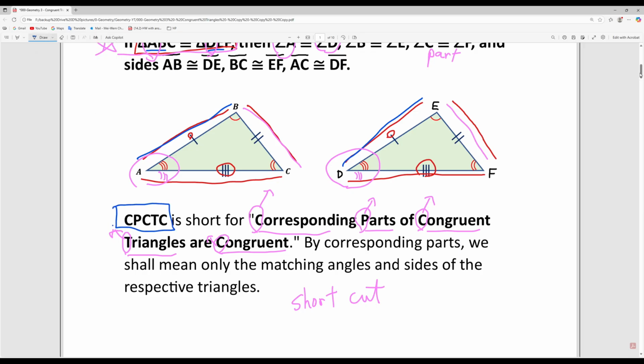So next time, if you are doing a proof and you would like to say corresponding parts of congruent triangles are congruent, you don't need to write down the whole statement. You just write down C, P, C, T, C. Then everyone who learns geometry understands you. Okay, so that's a shortcut you can use.